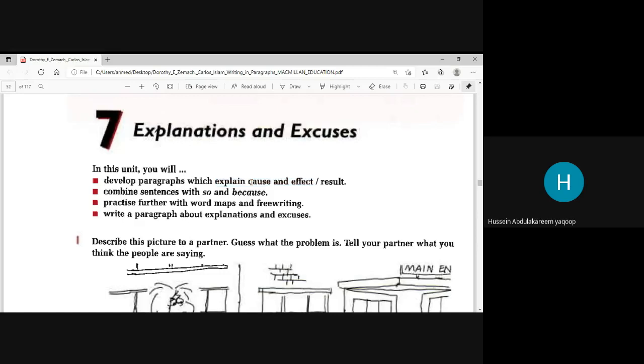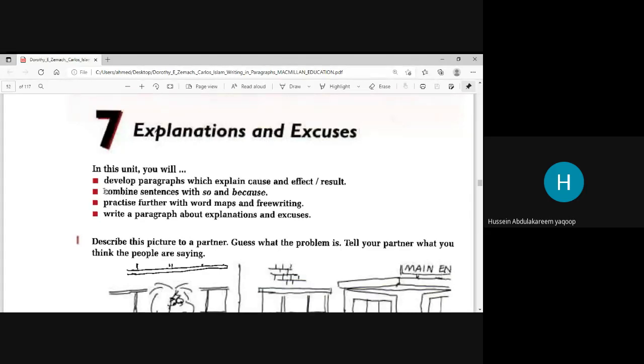So when you are asked to write a paragraph about cause and effect, or it includes cause and effects, we should put in mind the tools that we have to use when we write a paragraph similar to this one.